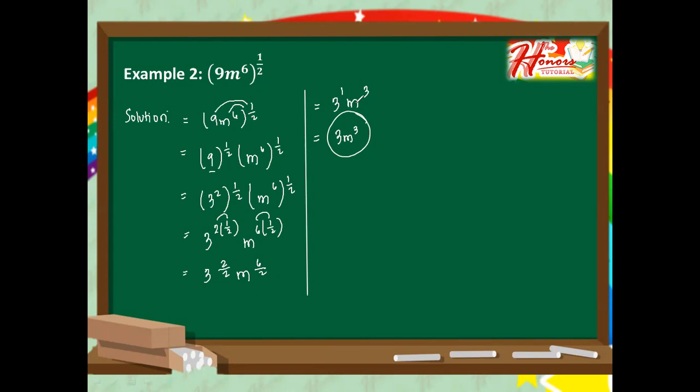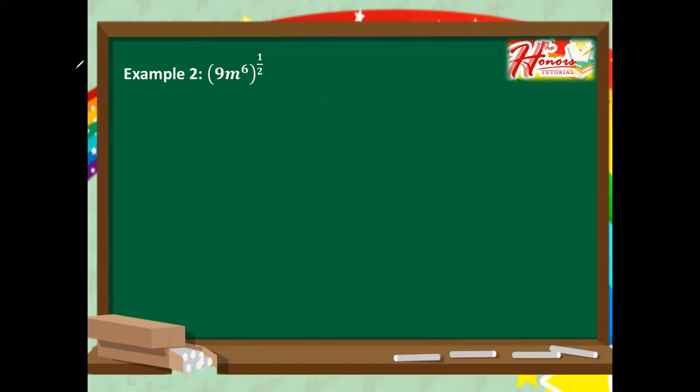Let's have another example. Example number 3. For example number 3, we have here a raised to 5 over a raised to 1 over 6.